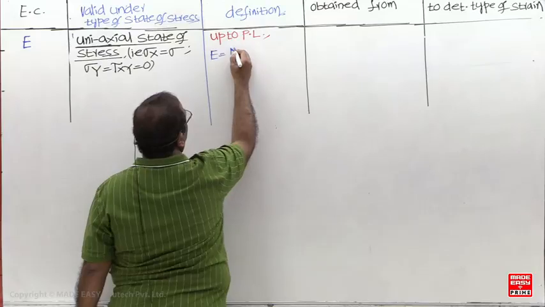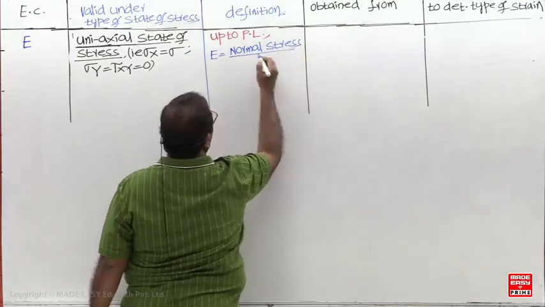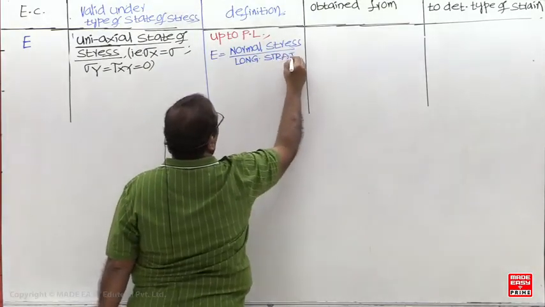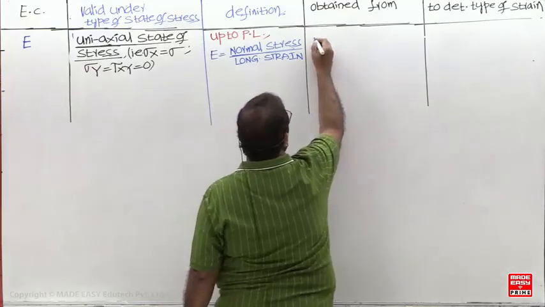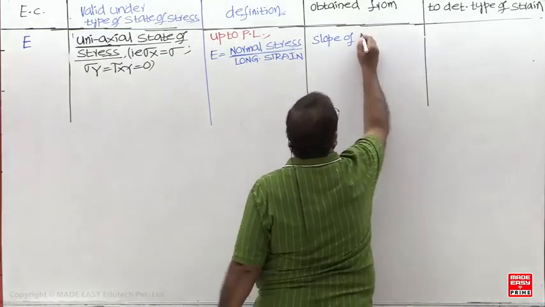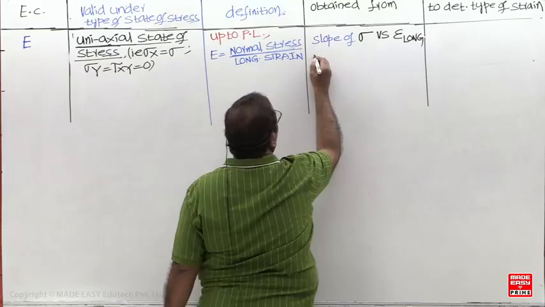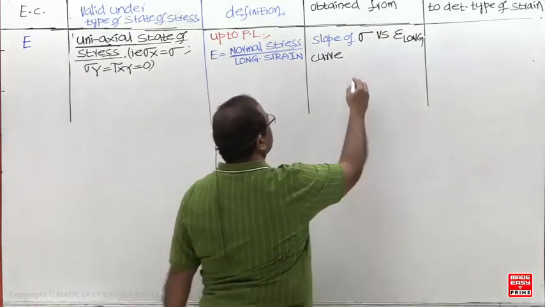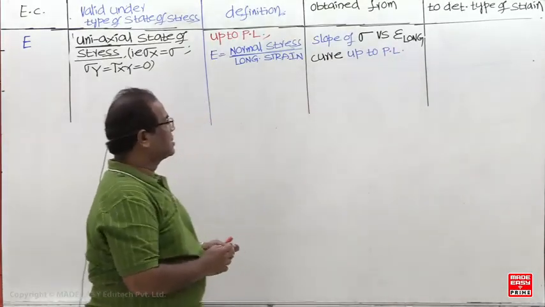It is the ratio of normal stress and longitudinal strain, and it is obtained from the slope of the stress-strain curve up to the proportional limit.